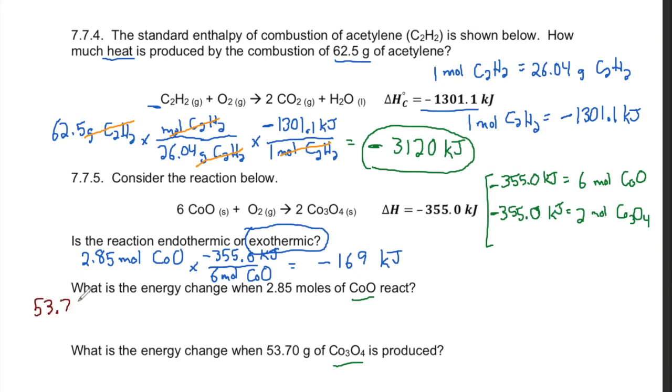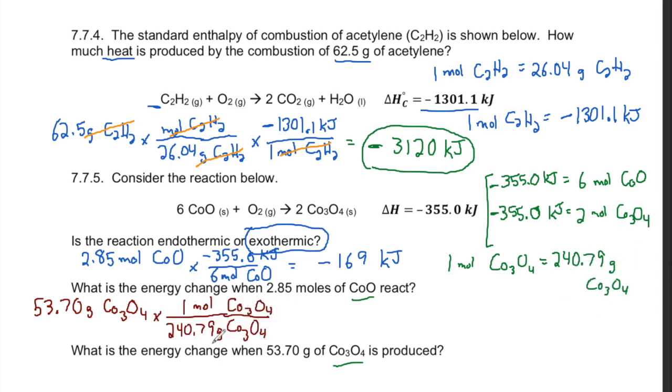The next part, we're starting with a mass of Co3O4. So for this, it's helpful to have the molar mass. It's 240.79 grams per mole. So we'll use this molar mass as the first conversion factor, putting grams on the bottom so that they cancel.